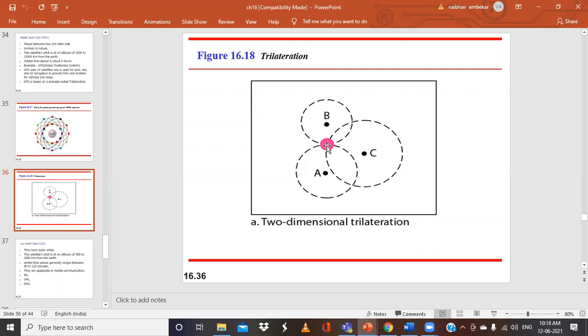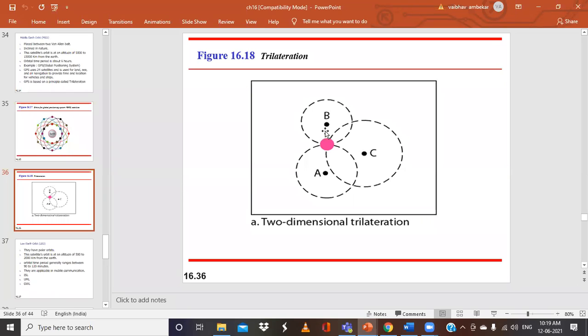If you are placed at a certain location and we know our distances from 3 points on the earth surface, then suppose I am at this location, and it is 15 kilometers from point A, 20 kilometers from point C, and 5 kilometers from point B.